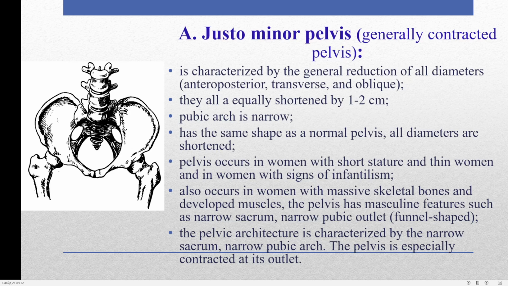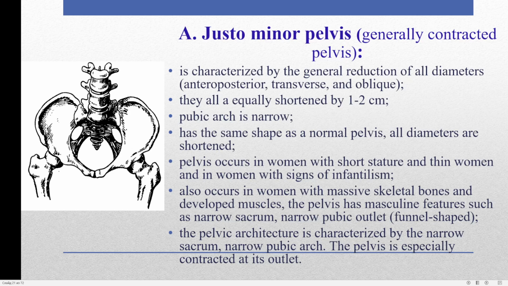They are all equally shortened by 1, 2 or sometimes more centimeters. The pubic arch is narrow, has the same shape as a normal pelvis, but all diameters are shortened. This pelvis occurs in women with short stature and thin women, and in women with signs of infantilism.